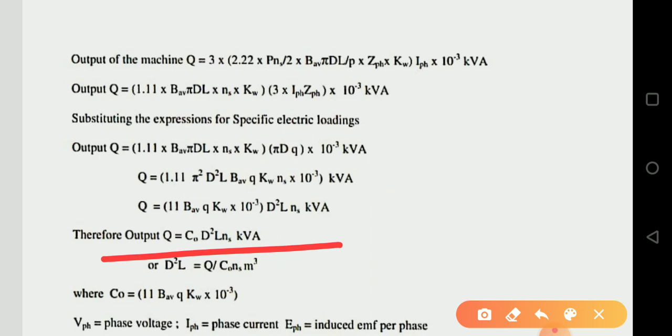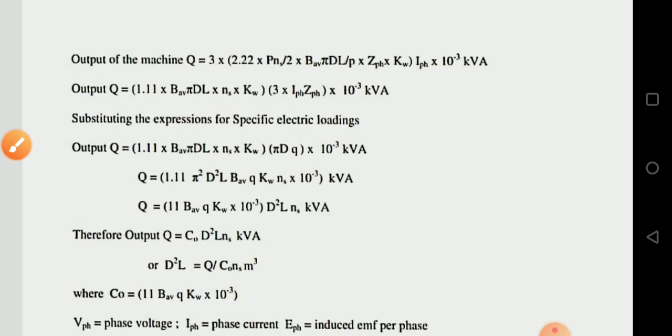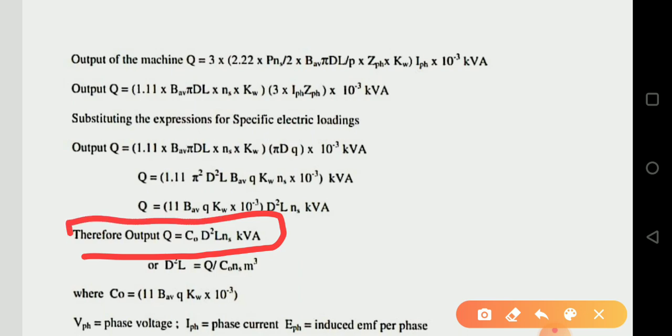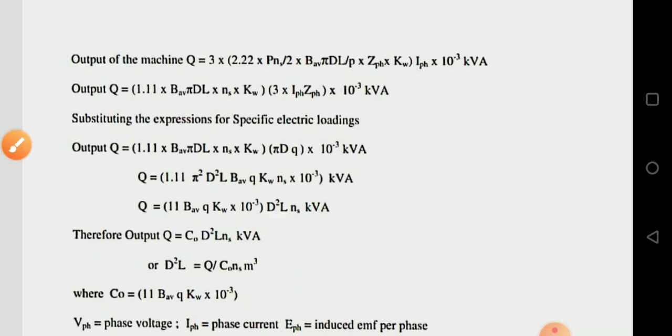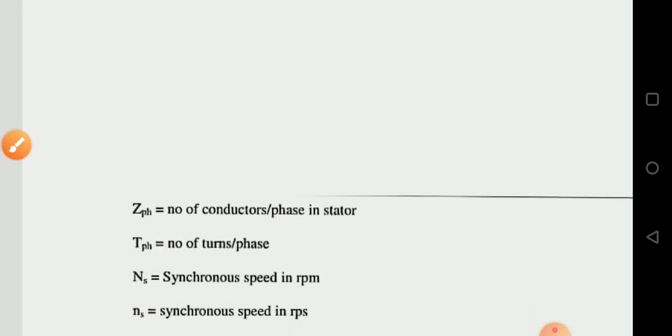Now the C naught value is 1.11 pi square BAV q kW into 10 to the power minus 3, where VPH equals phase voltage, IPH equals phase current, and EPH equals induced EMF per phase. So this is our final equation for the synchronous machine output.